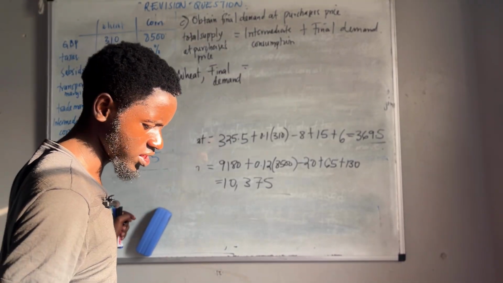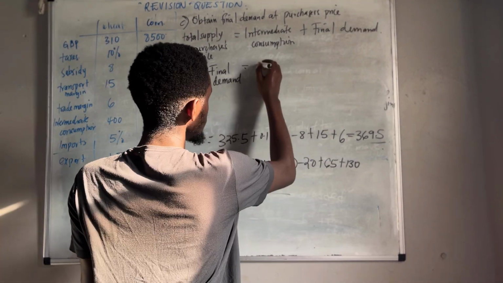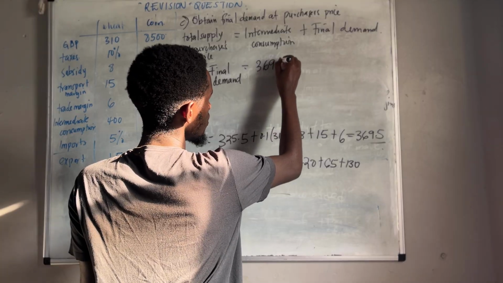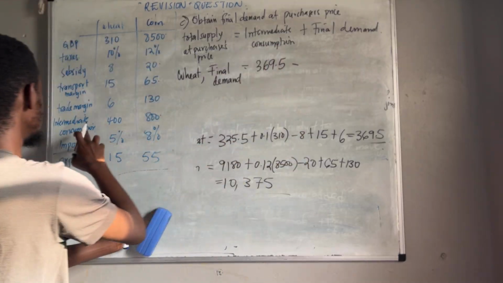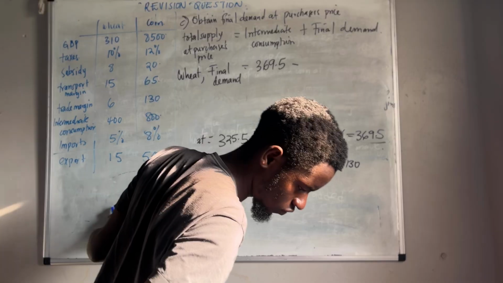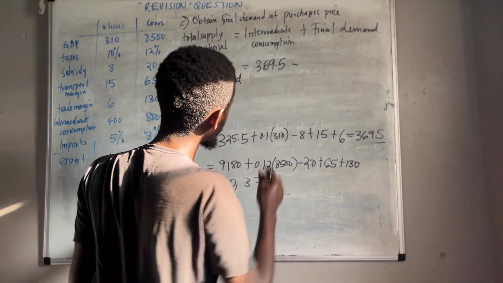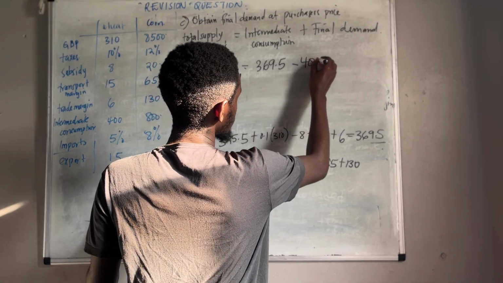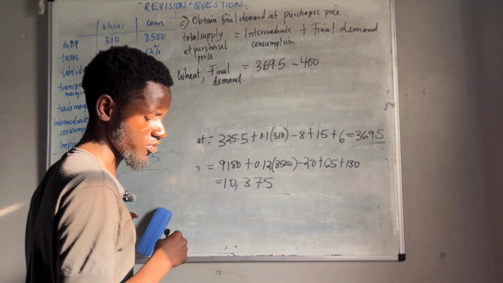Our total supply is 369.5 minus the intermediate consumption, which is 400. Then you shall have the answer there.